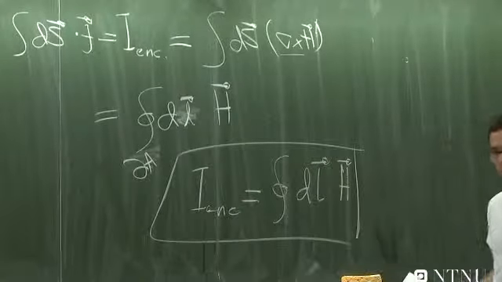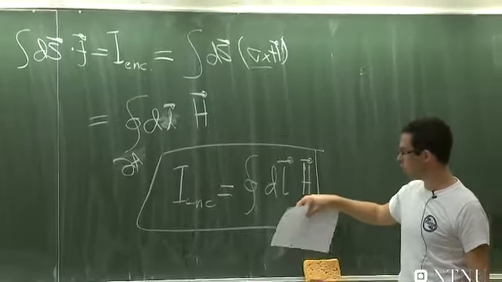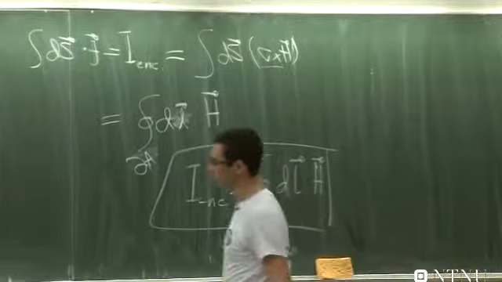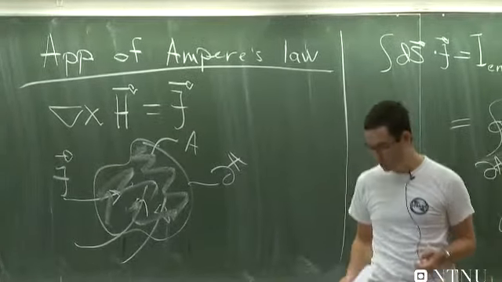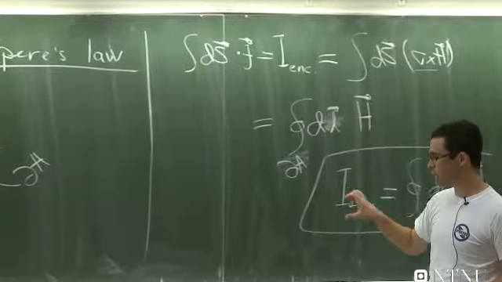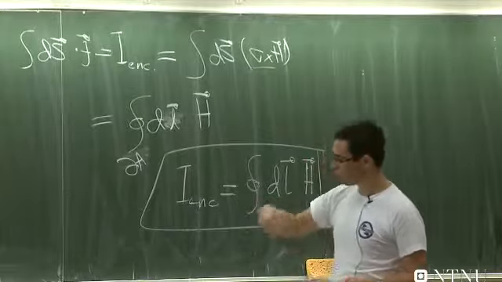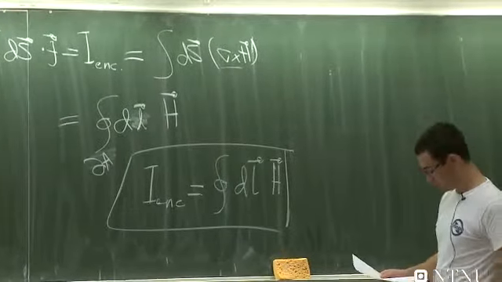This is called Ampere's law in integral form. The enclosed current is equal to the integral of the magnetic field around the current, like this. It makes sense intuitively, right? Because the more current I put through it, the more magnetic field I get swirling around. So for each little current I add, the more magnetic field I get.